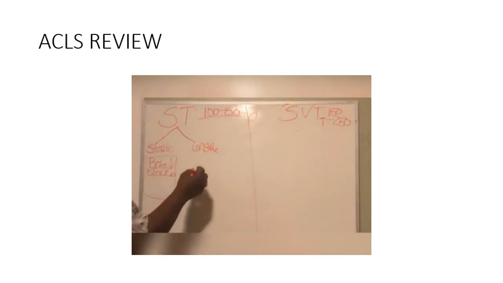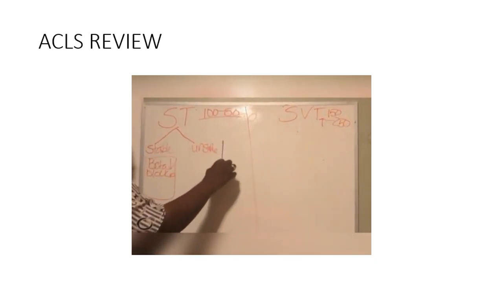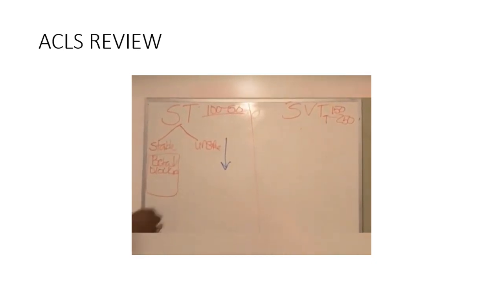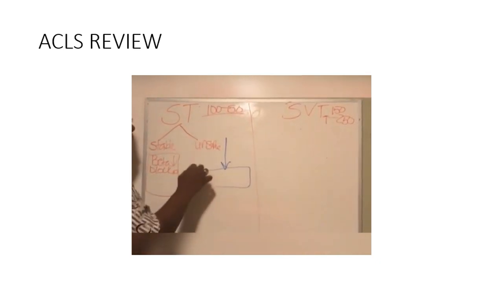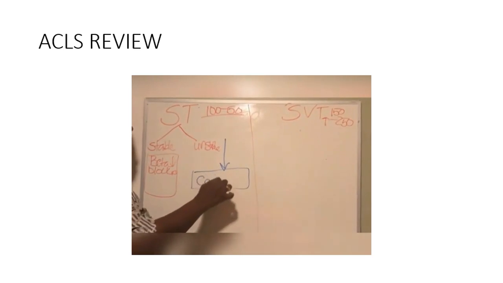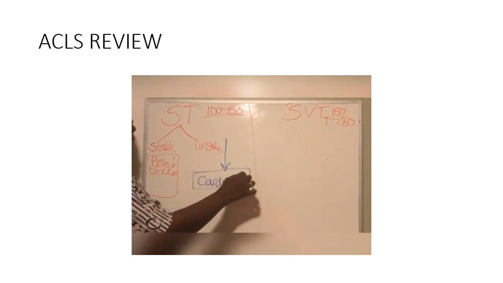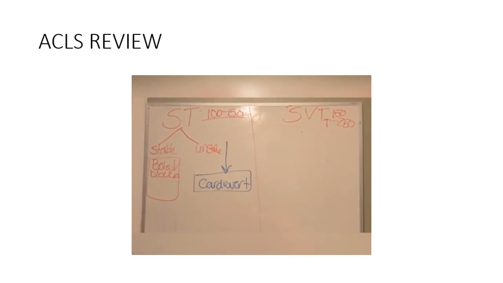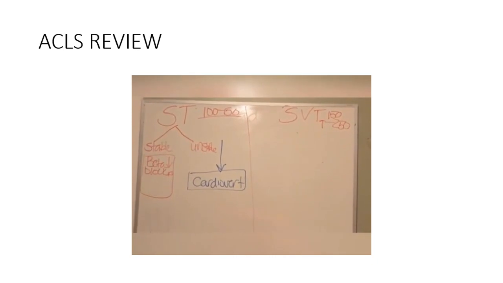The unstable now, let me get my different color marker here. The unstable patient, what do you want to do for him? You want to cardiovert that patient. In your sinus Brady, we did transcutaneous pacing.